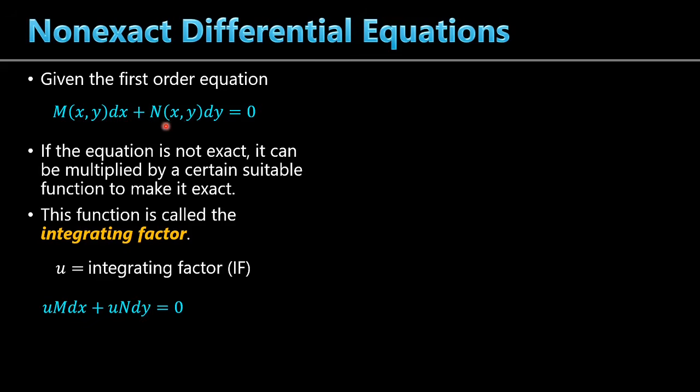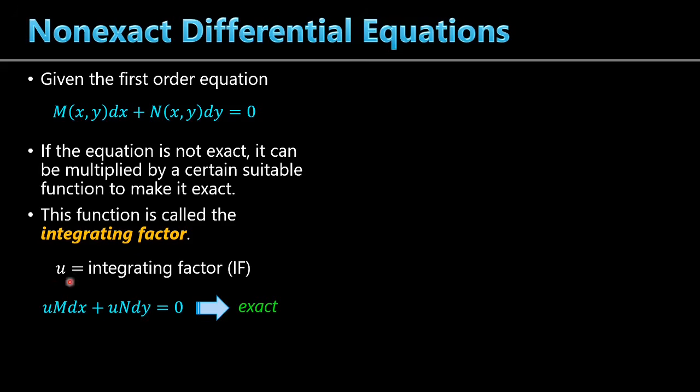Ganon din dito, yung N of x,y, simply ginawa ko na lang N, at minultiply ko din siya ng u. Dahil na-multiply na natin siya ng integrating factor, then it means that this equation is now exact. Bakit? Kasi nga po, kapag minultiply natin ng integrating factor, ang given DE siya ay nagiging exact.